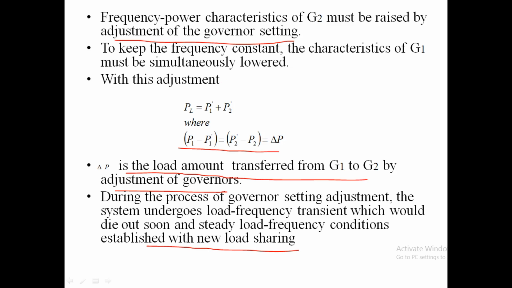So here also we are making changes in steam input. If we require some adjustments in voltage, we will be changing the DC excitation. But here active power is to be changed, so we will be making changes in governor settings. That means steam input.